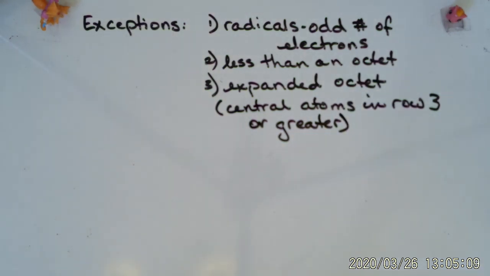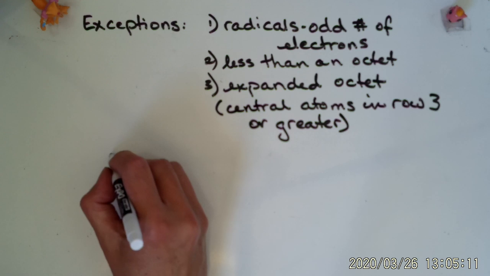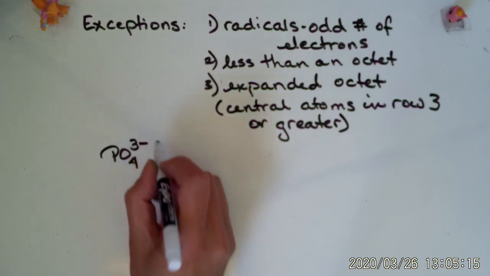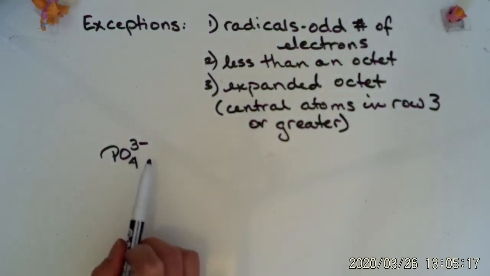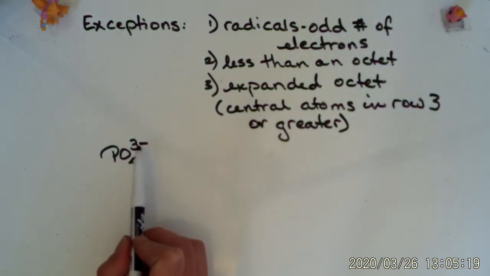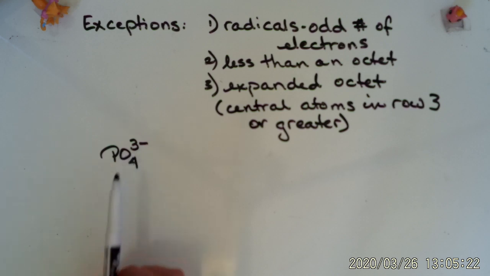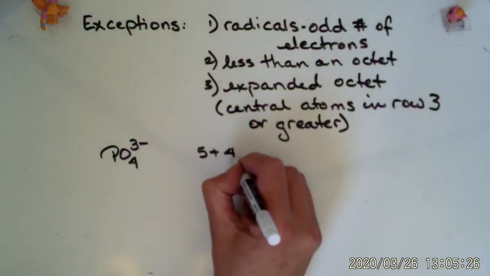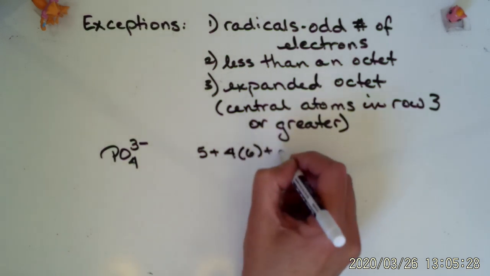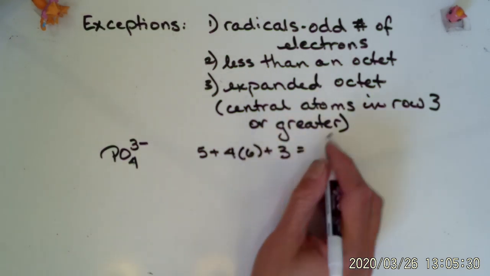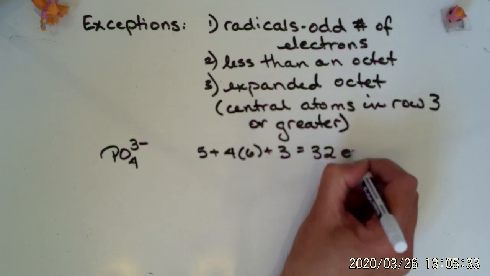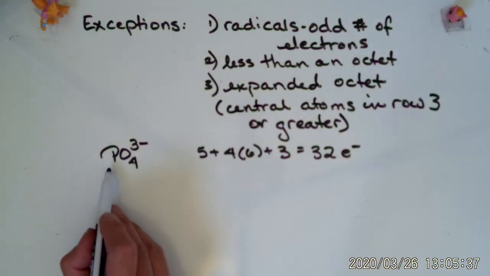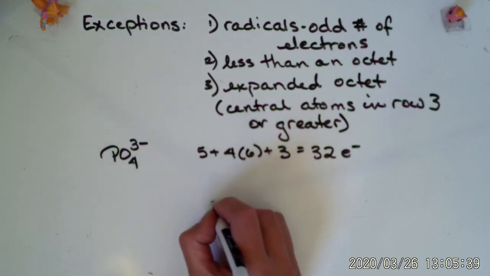So let's do something like your phosphate ion. Remember, for ions, if you have a negative charge, for every negative charge you add an electron. So I have 5 plus 4 times 6 plus 3 gives me 32 valence electrons. The least electronegative atom, which is phosphorus, goes in the center.